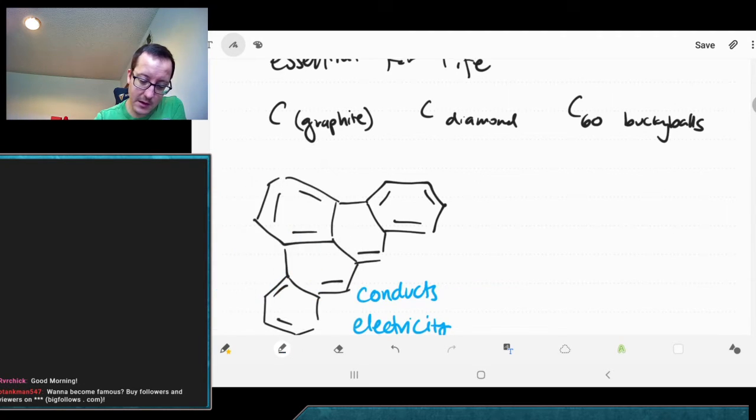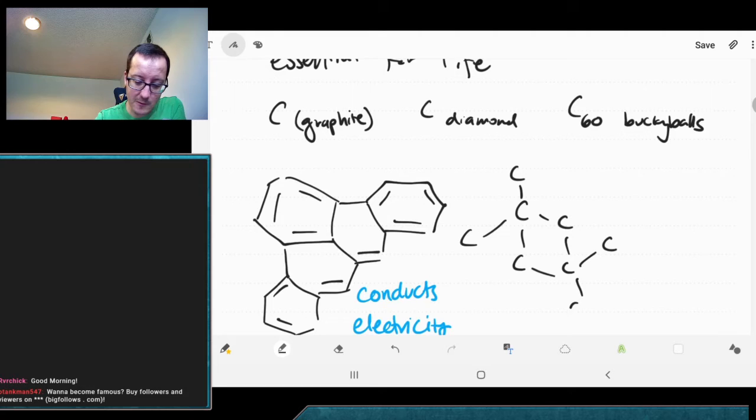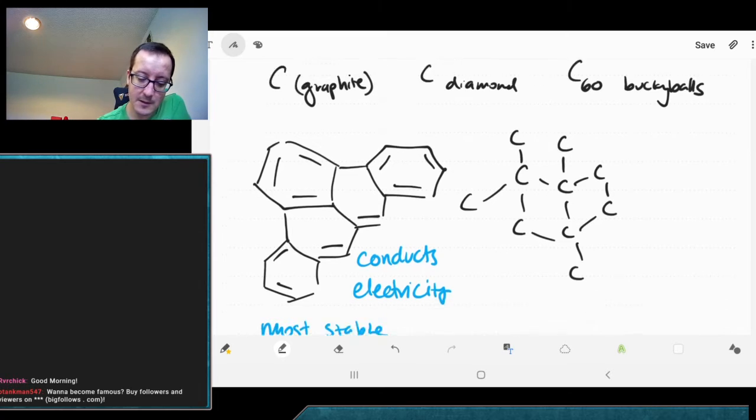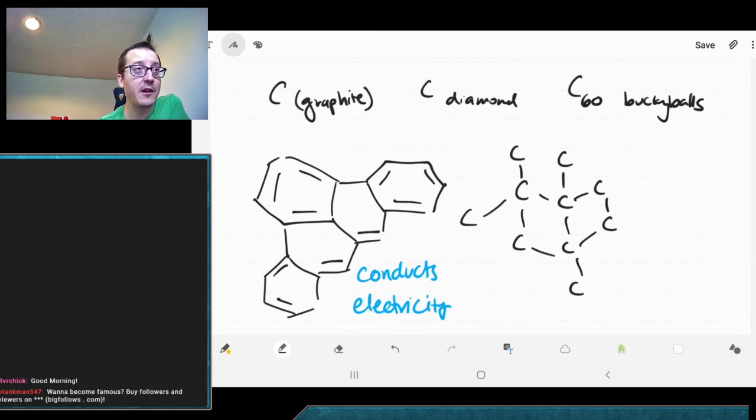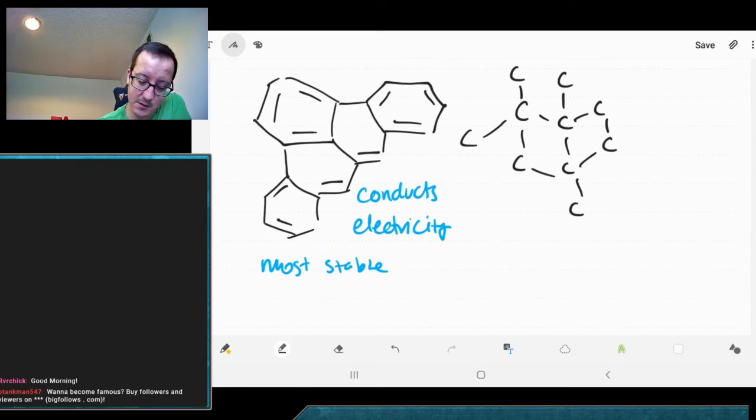Diamond, though, is just single bonded carbon in a tetrahedral way that forms networks of carbon, where they form these tetrahedral lattices. All the carbons in graphite are sp2. These are sp3 in diamond.